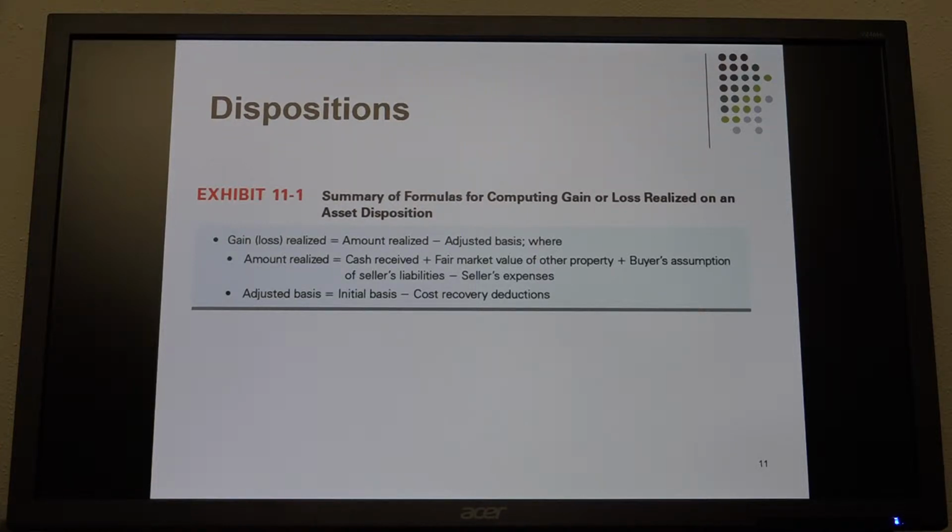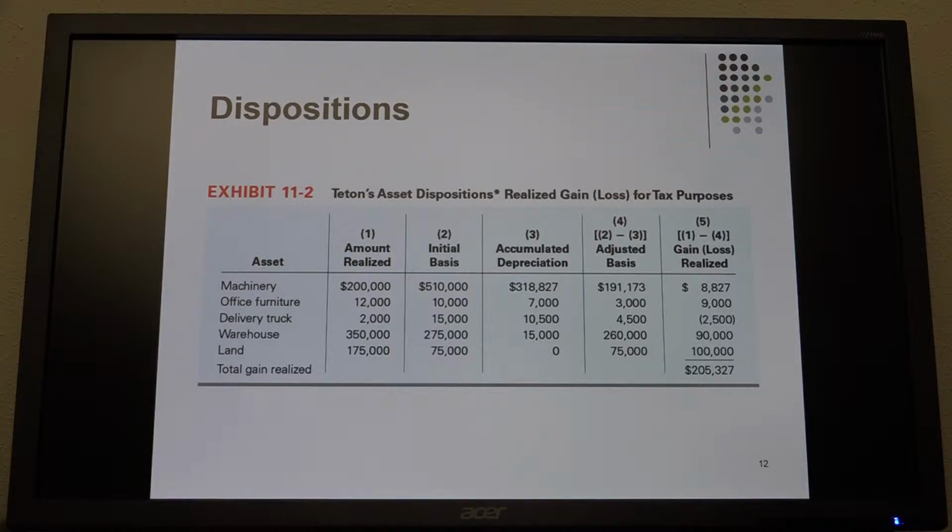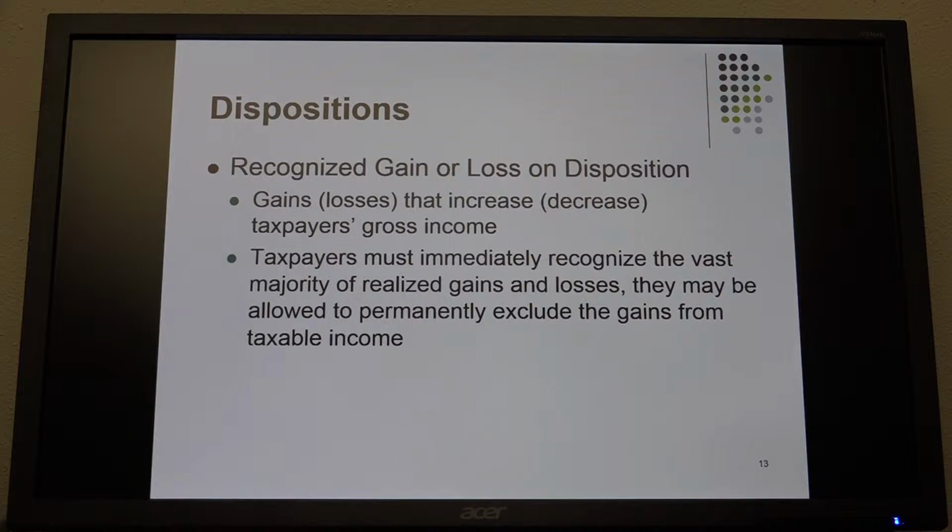Okay, so there's the summary of the formulas for computing gain or loss in a disposition. I encourage you to look over examples in 11-2 as well as 11-3, 11-4.